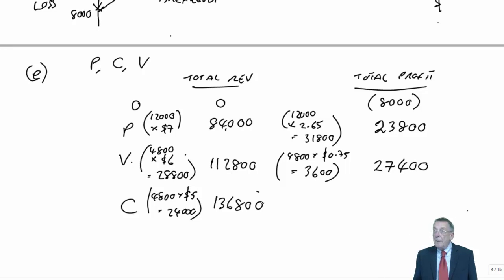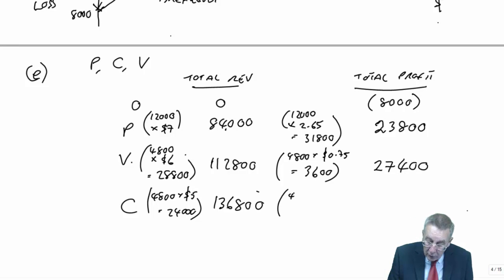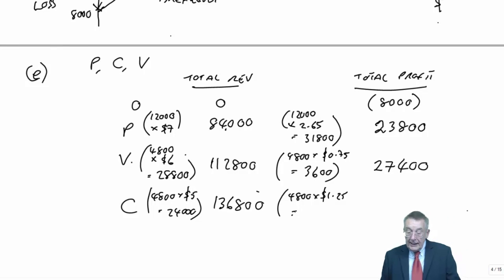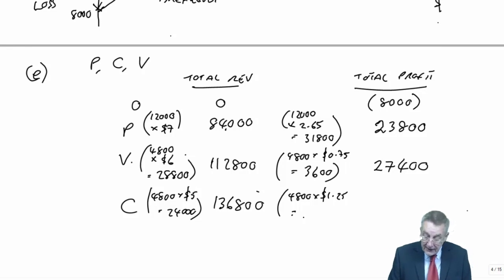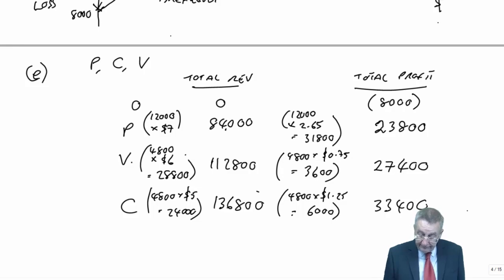We've already got 27,400, but we get the extra contribution from C. 4,800 at $1.25 is, I think, 6,000. And so that'll put our profits up to 33,400.